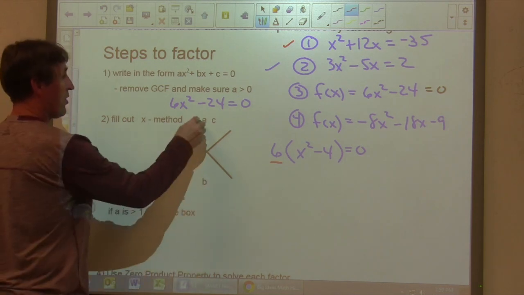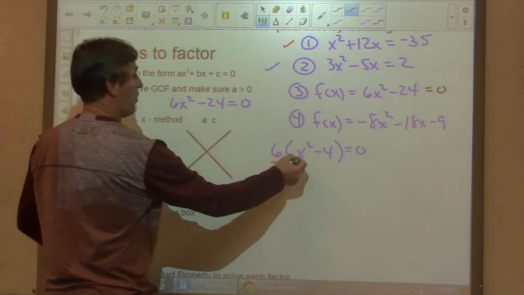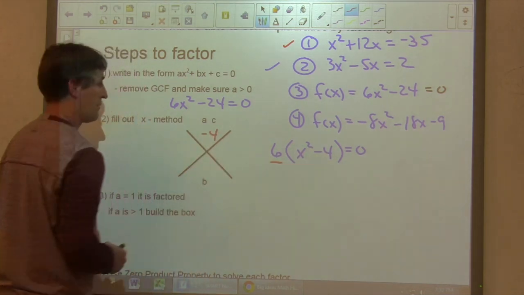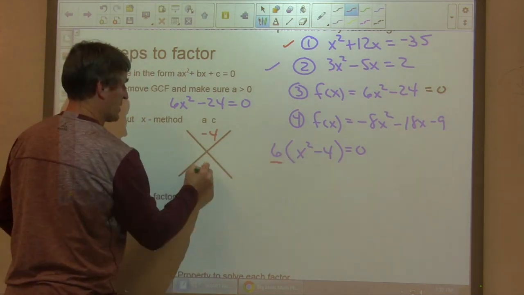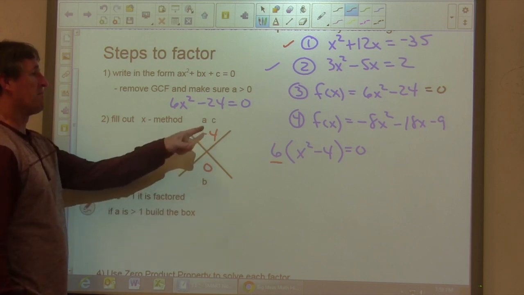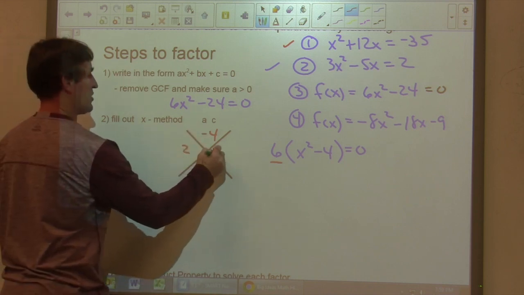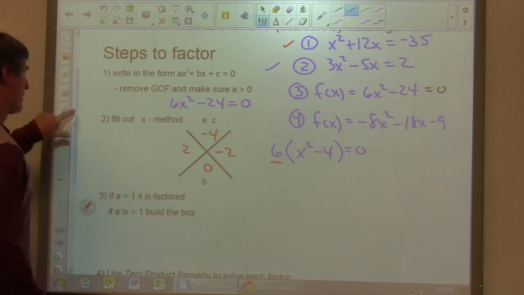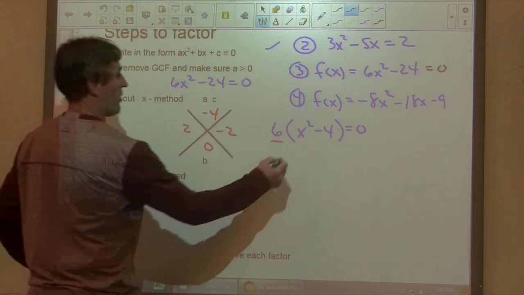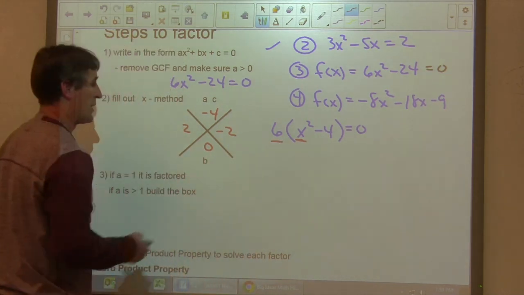So, our a times c, 1 times negative 4, is negative 4. But our b, there is no b, so it's 0. So we want the numbers that multiply together to give you negative 4 and add up to give you 0, which would be 2 and negative 2. Now, our a is now 1, so we're done.